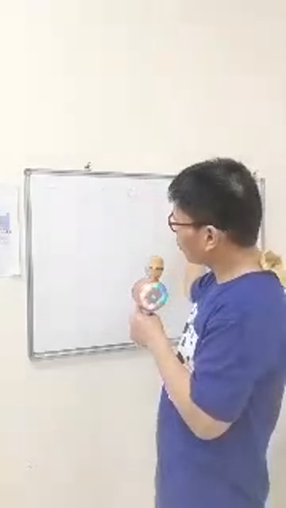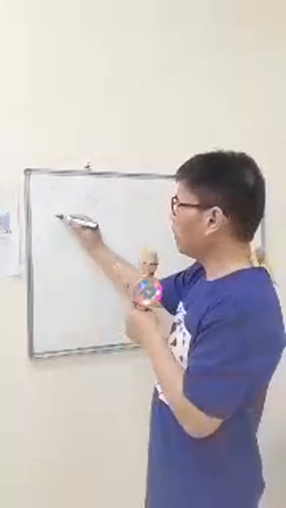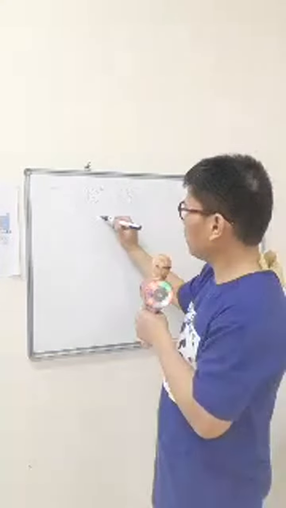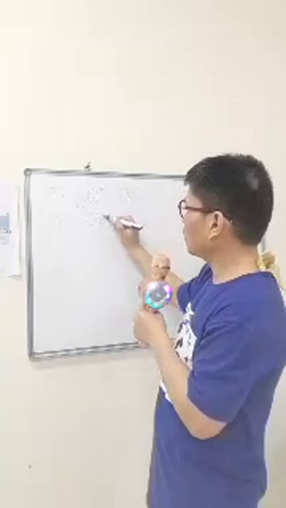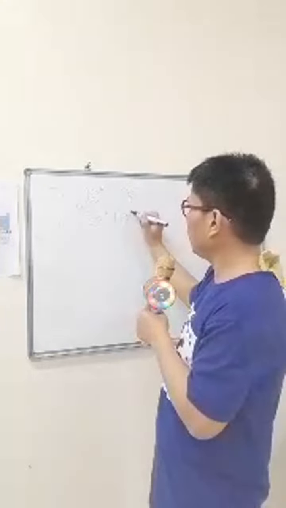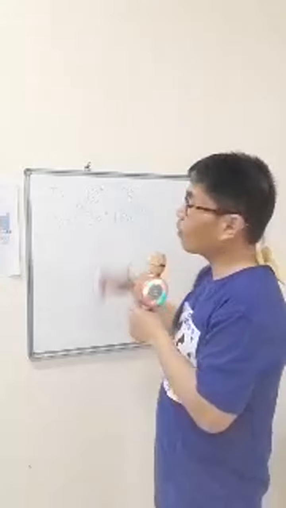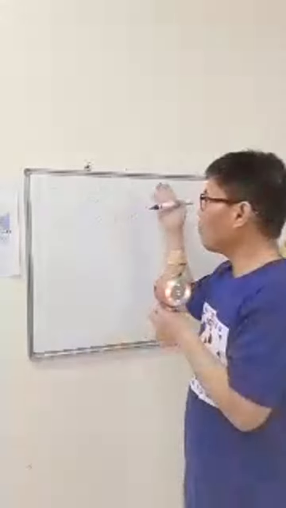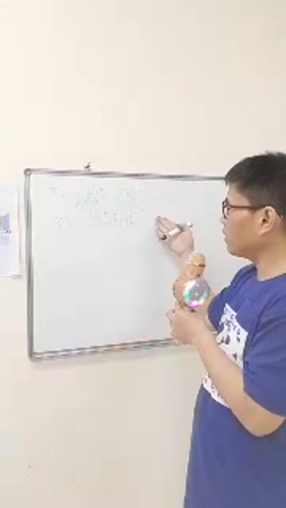Velocity is also the same. Velocity is equal to the square root of Vx raised to the power 2 plus Vy raised to the power 2. Here we deal with components: tension components x and y, velocity components x and y.